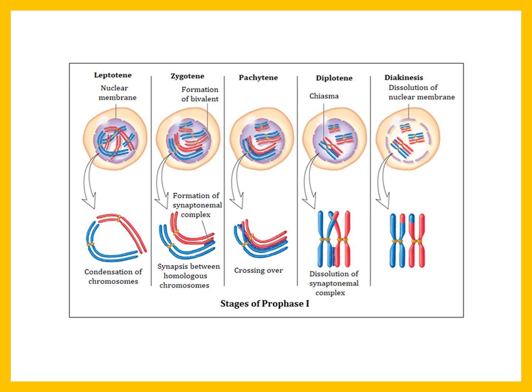Leptotene: condensation of chromosomes, they become clear and thicker. The zygotene description is clear, study it well. Zygotene: formation of bivalents, pairing, synapsis between homologous chromosomes; they lie parallel, and pairing, synapsis occurs. In the pachytene stage, exchange of chromosome segments: the blue line ends with red, and similarly this red ends with blue.